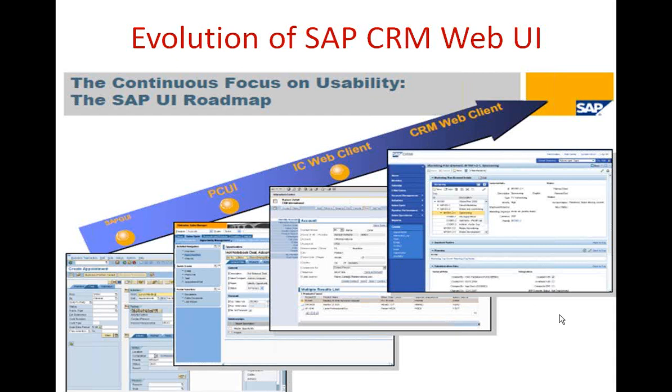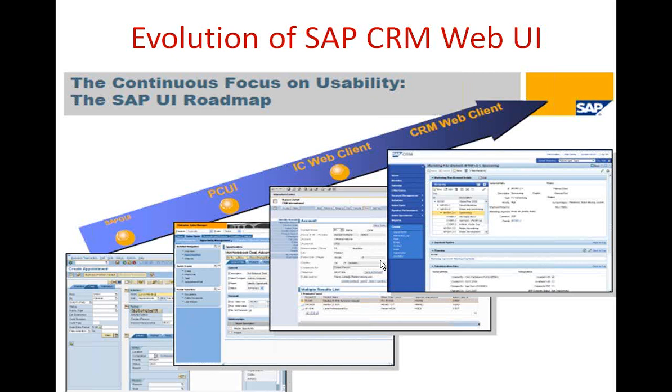It is now continued in 7.0, 7.0 EHP1, EHP2 and EHP3, and there is a scope for future releases as well. And this is our major focus: how these applications are customized according to the business user. All the user interface applications which I have mentioned so far are developed using BSPs, business server pages.